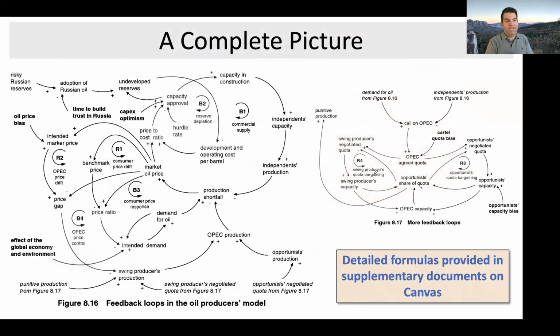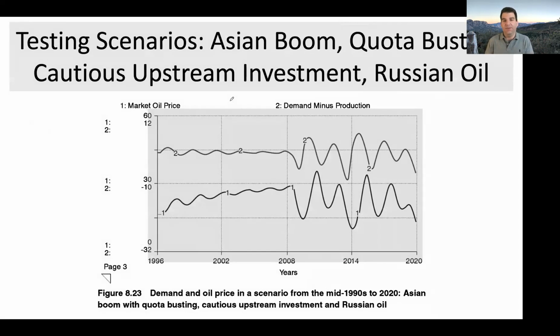So we have a complete picture that is very complex, with tons of feedback loops, and produces a ton of really cool behaviors. I'm only going to show you one of these, from the end of the chapter that I didn't tell you had to read. This is an example that came out of that model, a trajectory where you have a smooth oil price that rises a little bit, and then it starts engaging in wild oscillations.